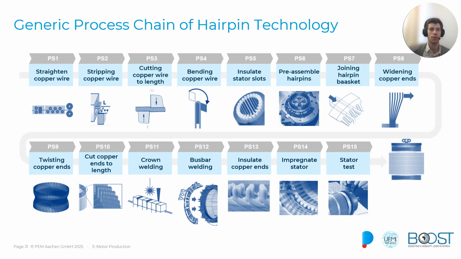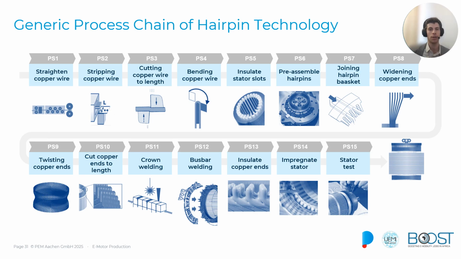Step 4 is bending the copper wire into its U shape. Step 5 is to insulate the stator slots with the insulation paper. Step 6 is the pre-assembly of the hairpin basket. Step 7 is joining the hairpin basket into the stator stack.